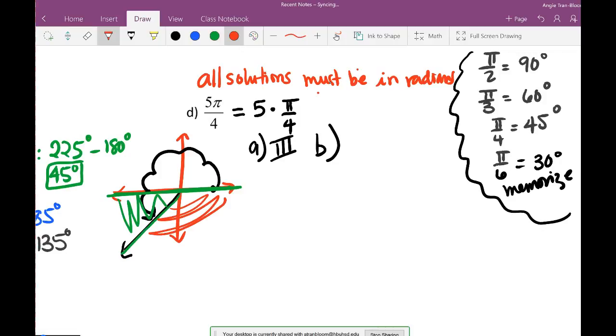Green. How many petals is that in green? One petal. One petal in radians was what? I cannot write 45 degrees. I have to write pi over 4.